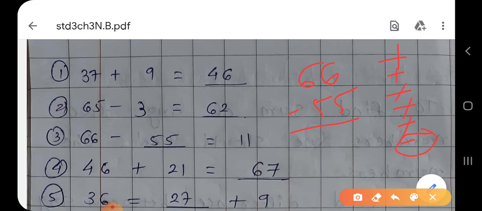So 1 remains. The answer is 1. 6 minus 5 is 1. Then again 6 minus 5, 1. So here you have to write down 55. If you subtract 55 from 66, then you get 11 as an answer. So in this blank, you have to write down 55.